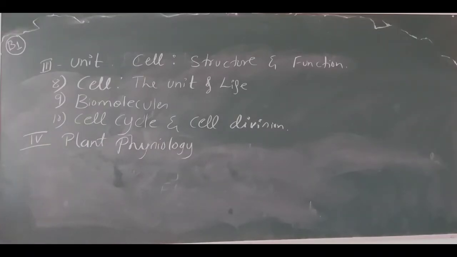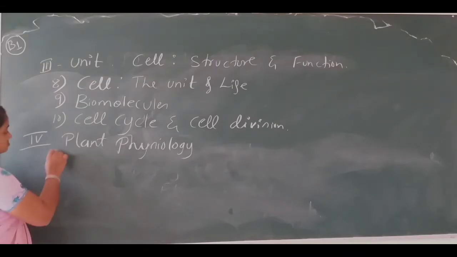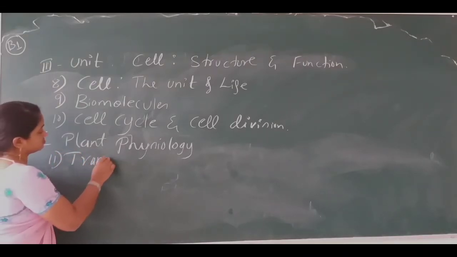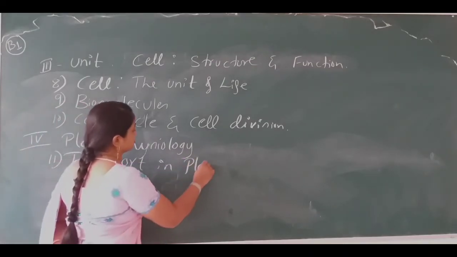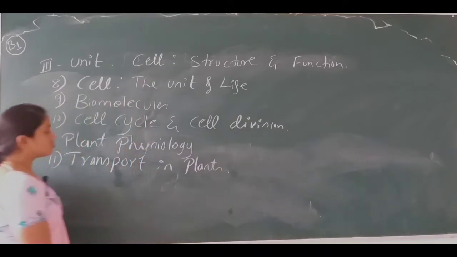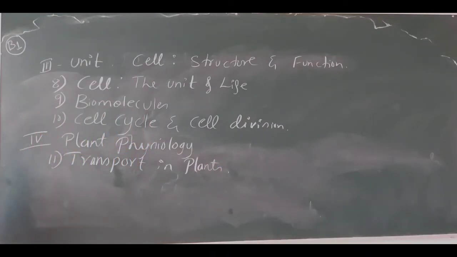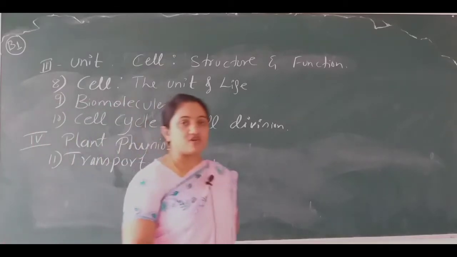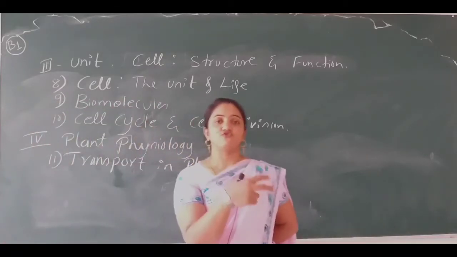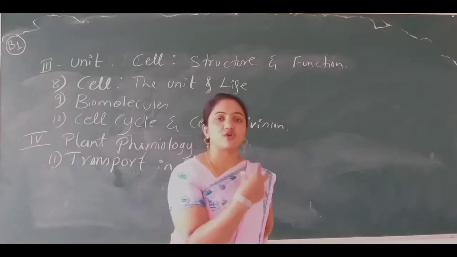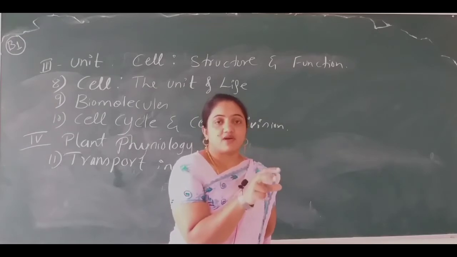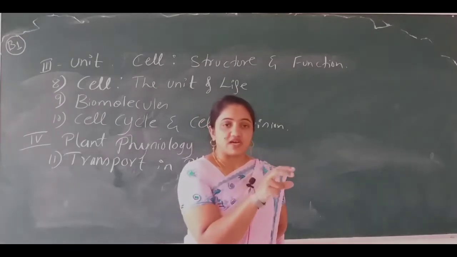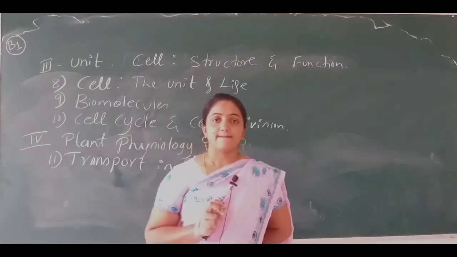The first chapter of this unit is transport in plants. What is going to be transported in plants? Whatever food the cell synthesizes, how does it transport from its cell into its neighboring cell?